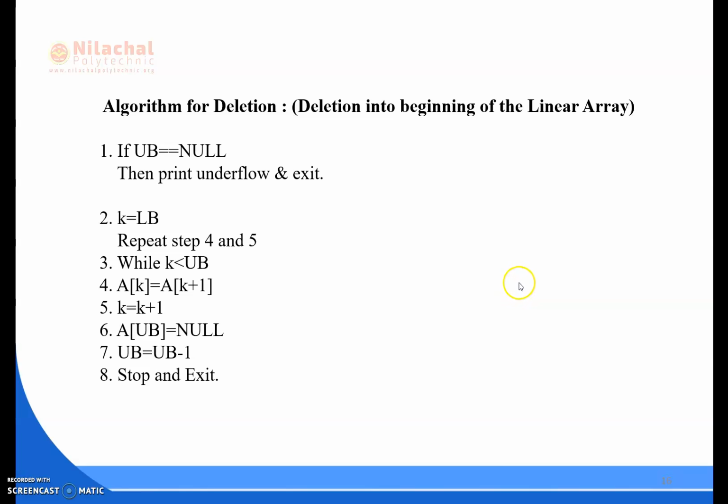So we need to decrement the upper bound position to its previous position. That is why it has been decremented by 1. This is how we delete. After decrementing the upper bound position by 1, our work is over. We need to stop and exit. So this is how we do deletion operation at the beginning of the linear array.